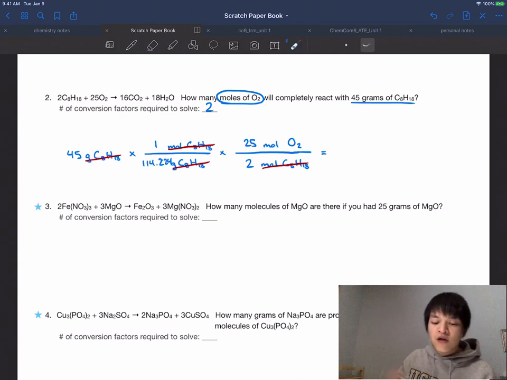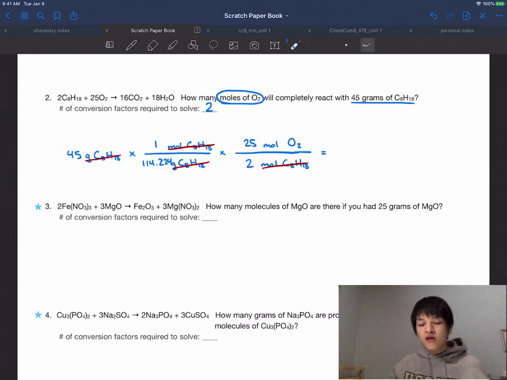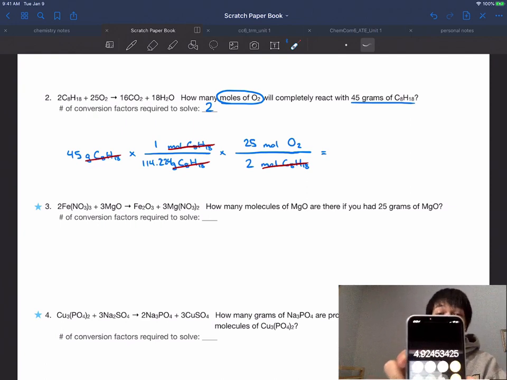Okay, let's type this in a calculator. We're starting with 45. We are multiplying by 25. We are dividing by 114.224, and we are also dividing by 2. So what does that give us? 4.92.